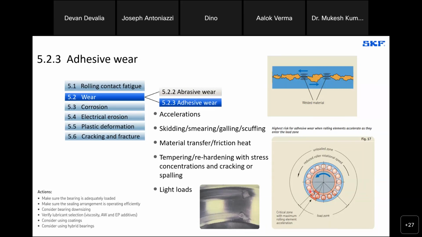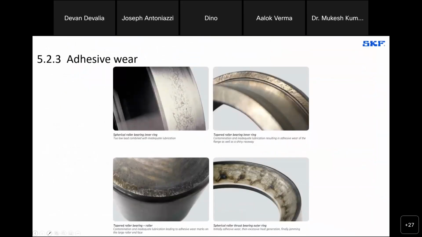We can get the scuffing or smearing right here. Up here you see the asperities of the rolling element and the raceway hitting one another, the temperature spiking so high that they actually weld to one another and pull away. So that's adhesive wear.